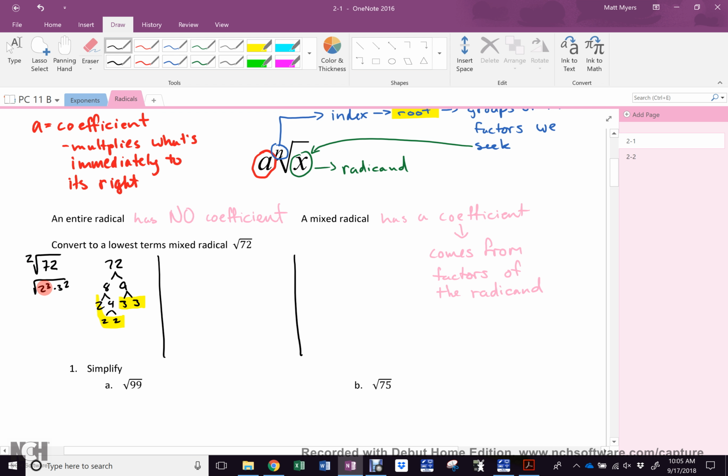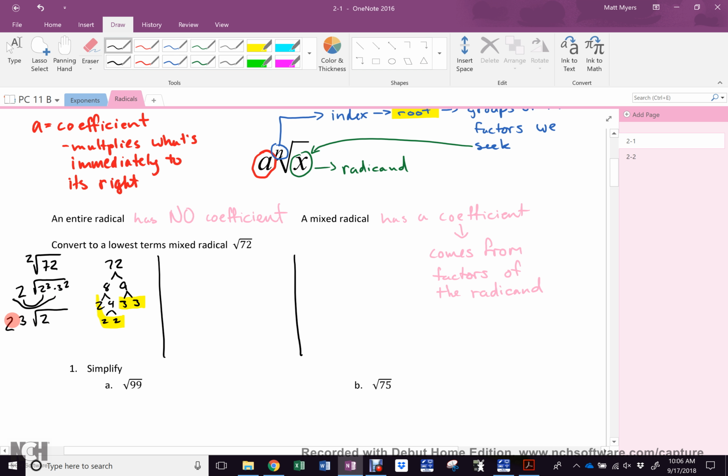Are there a group of 2 2s there? Yes. So I will bring out a single 2. There were 3 2s, so that means I left a 2 under there. And now there's a 2 out front. Is there a group of 2 3s? Yes. So I will bring out a 3.